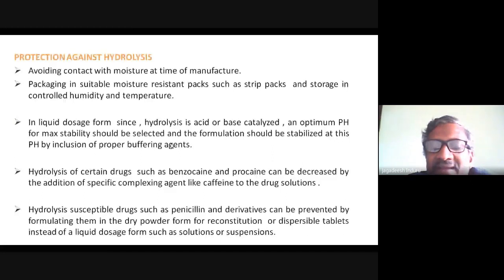What you can do is dispersible tablet. Dispersible tablets are tablets only, but you don't take them like a regular tablet. In this case, you take a half glass full of water and add a tablet in that, and you shake it. The tablet will break and become a suspension while shaking, and you drink that suspension.